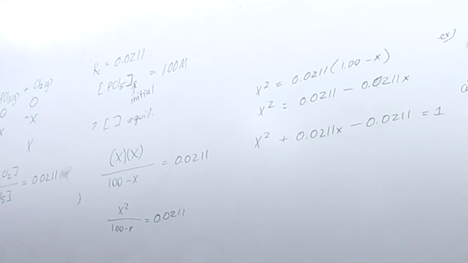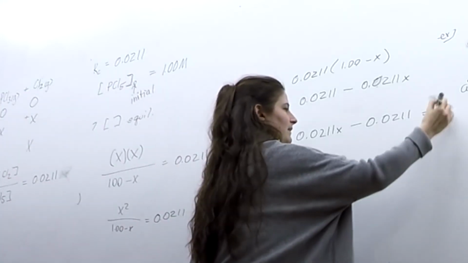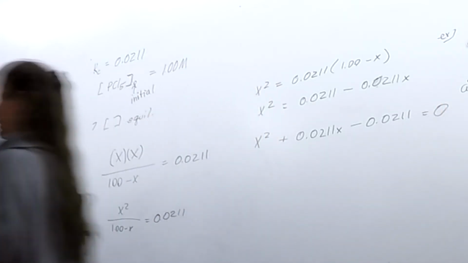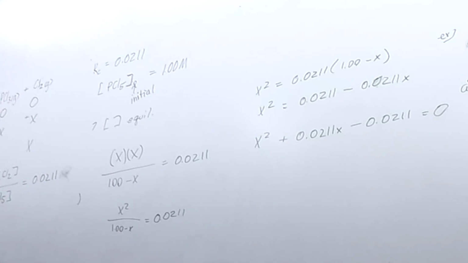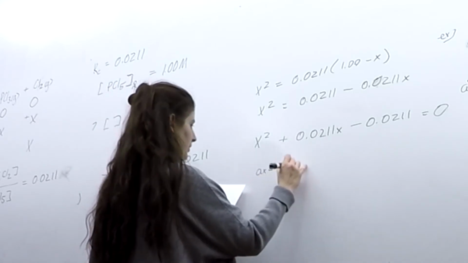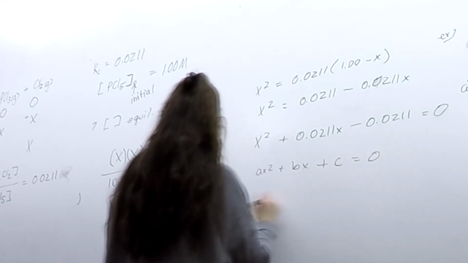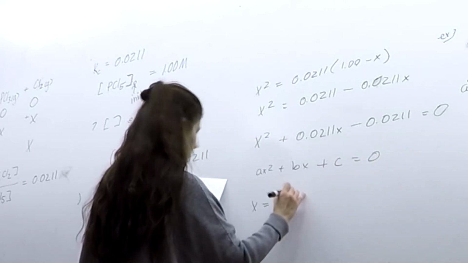Yes, of course it is. So if we have an equation in the form of ax squared plus bx plus c equal to 0, we can solve the quadratic equation.